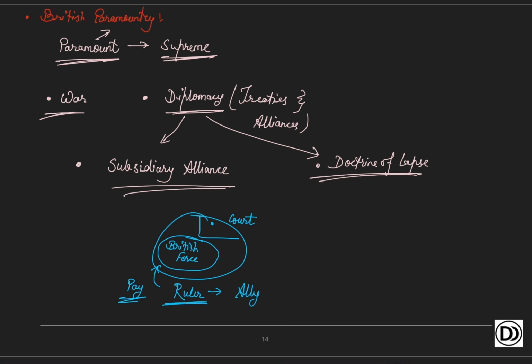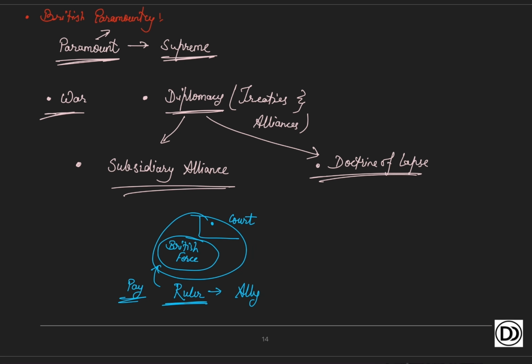Now, who is the Governor General? This was the time when the Governor of Bengal was made superior to the other governors of Madras and Bombay. So the Bengal governor was given the post of Governor General. He was superior to the other governors in India. So the king had to take advice or discuss with the Governor General.